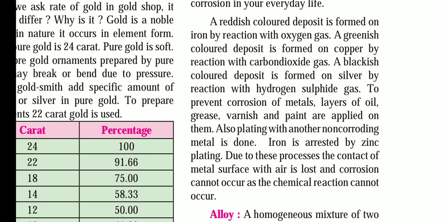Okay, and it is formed by the reaction of hydrogen sulfide gas. Okay, all these three things, oxygen gas, carbon dioxide gas, and hydrogen sulfide gas, you will remember. Okay, and what is the color of this? Reddish color is formed on iron, greenish color on copper, and blackish color on silver.